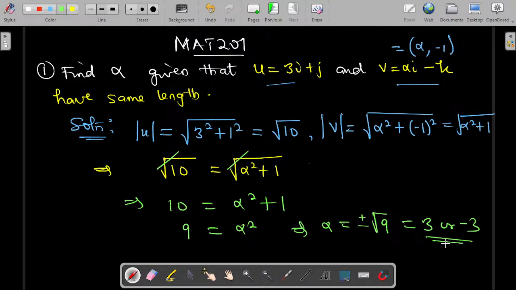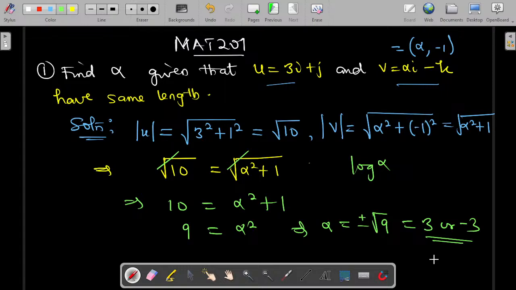I know that some of you would have thought that the value for alpha will be only 3. No. Whenever you take a square root, it's supposed to be plus or minus. The only exception is a case where alpha cannot be negative. For instance, let's assume that it was log alpha. Of course, log cannot have a negative argument, so you will only take 3. So please take note of that.